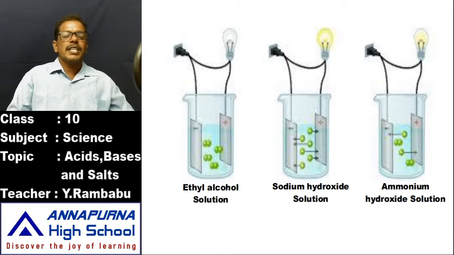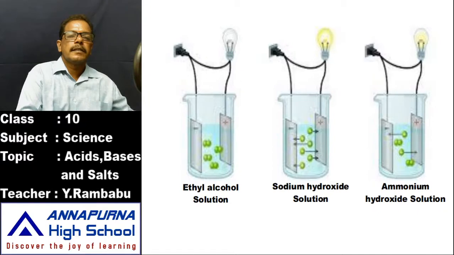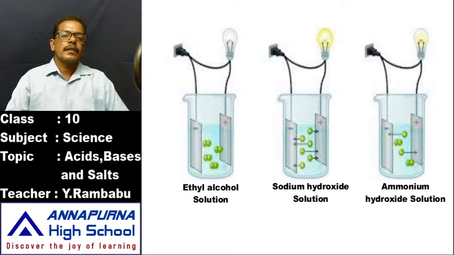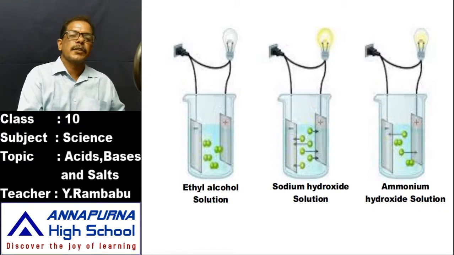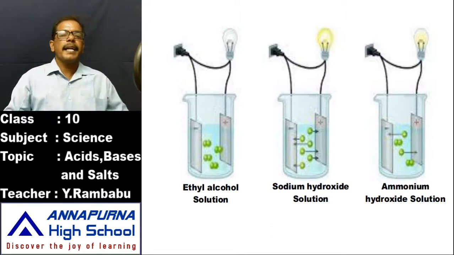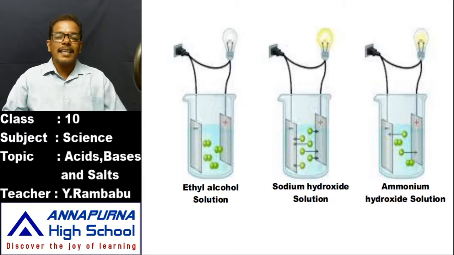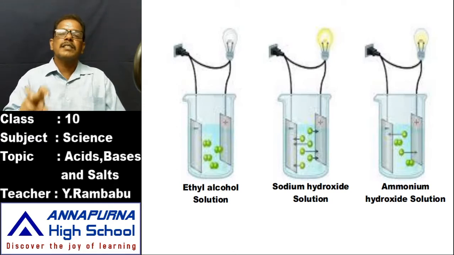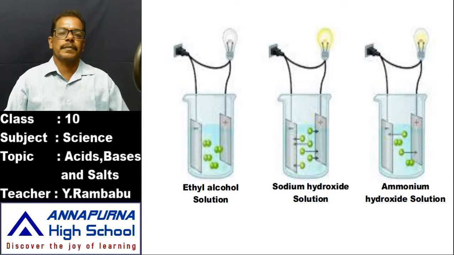No. In the first case, with ethyl alcohol solution, the bulb didn't glow, even though the circuit is made like this and the power is supplied. But in the second case, sodium hydroxide solution, the bulb glows brightly. What about the bulb in the third case? The bulb glows, but its intensity is low. That means the bulb is in low light condition.